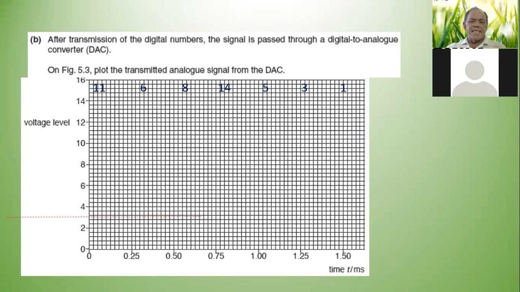I remember it's 11, 6, 8, 14, 5, 1. So 11, first one. And the next one is 6. Next one is 8. Remember, the sampling time is 0.25. Next one is 14.